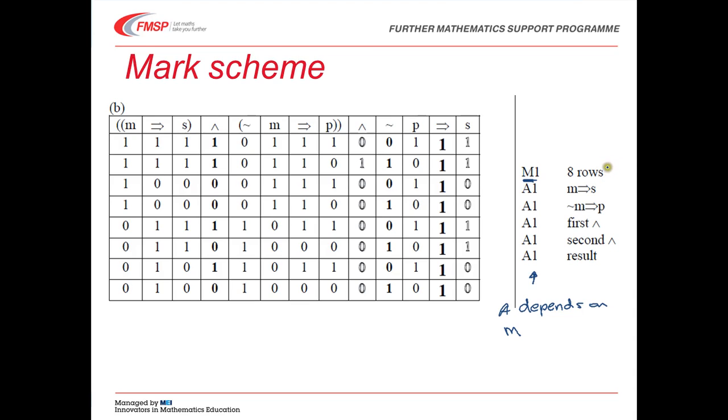As long as you've got your 8 rows and some variables up at the top, you will get your M mark. Then there is a mark for the M implies S column, a mark for the not M implies P column, a mark for that AND, a mark for that AND, and 1 mark for getting the result correct. So that's pretty straightforward, and most people do answer these questions quite nicely, I must say.